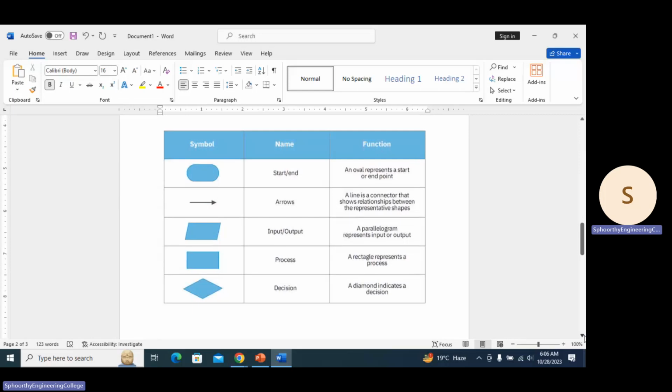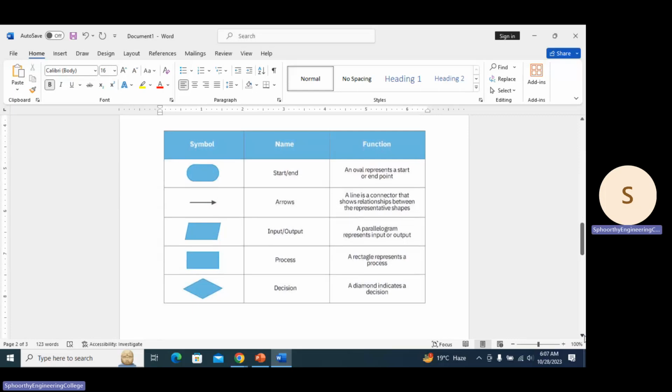Our algorithm starts with a command called start and it ends with the word end. So when I convert the algorithm into a diagram or flowchart, I will use the oval symbol for start as well as for end. Oval is common for both start and end. So oval is the start symbol, and oval is also the end symbol.